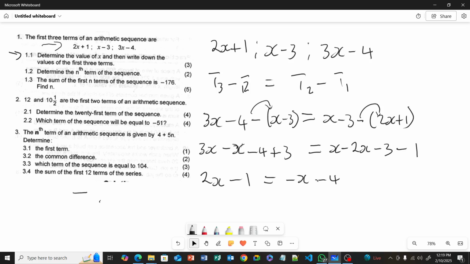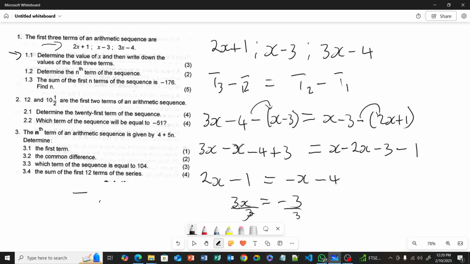So taking all the x's to the left hand side and all the numbers to the right hand side, we are going to be left with 3x is equals to, now 1 when it goes to the right hand side is going to be positive, minus 3. You divide by 3, you divide by 3, then this will cancel.